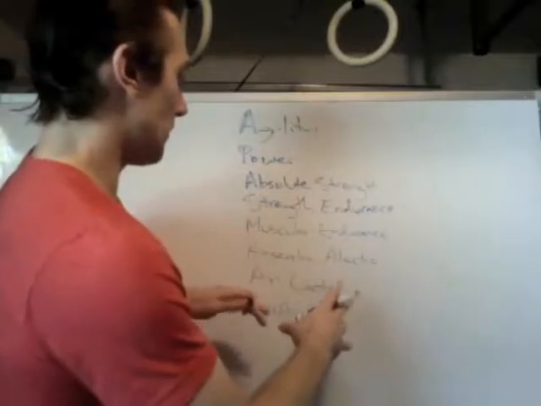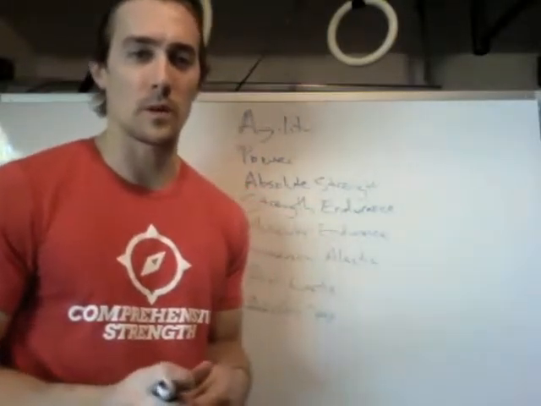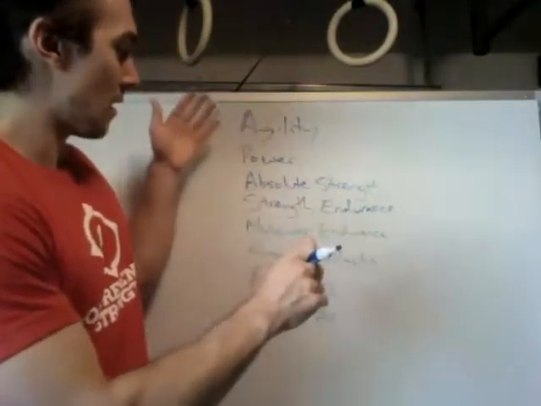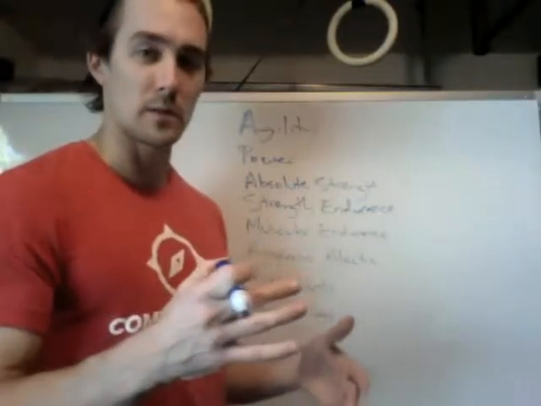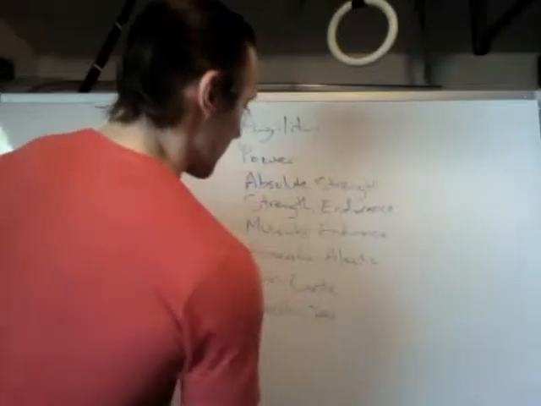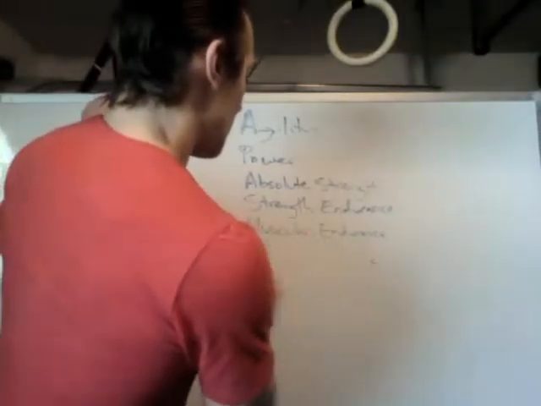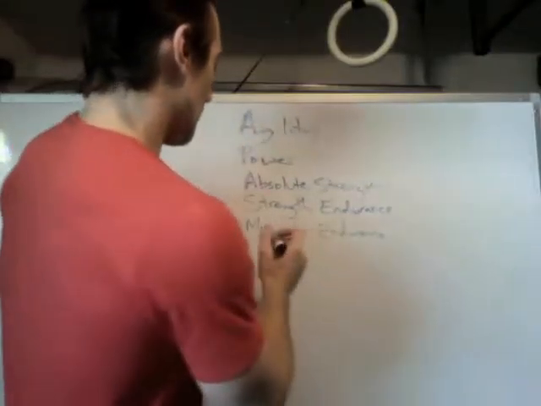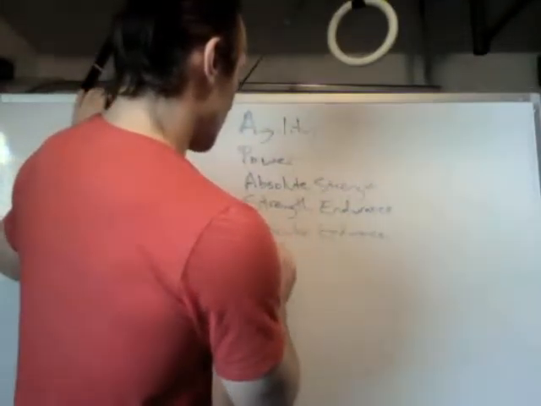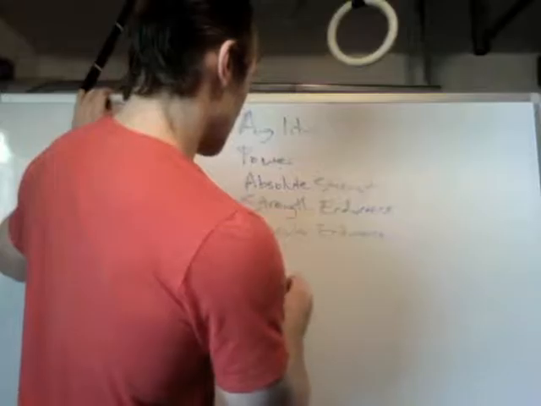Now, that would be a lot to do all in one day of testing, and that would take forever if you did all of these things. So you typically won't see that. But a lot of times in athletic testing, you'll see some sort of anaerobic test followed by some sort of aerobic test.